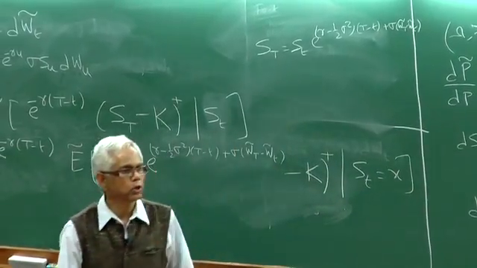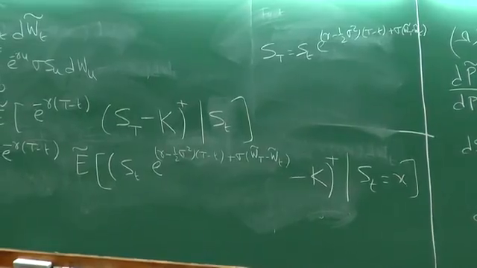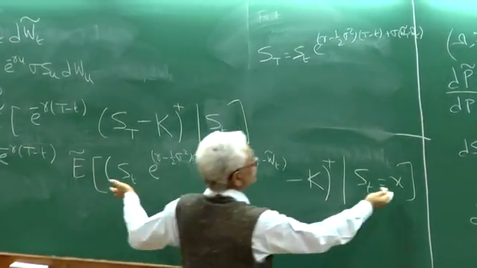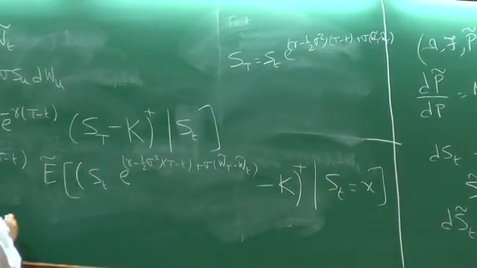I am assuming that the stock price is x. So this is no more a random variable because St is equal to x. So this is a given number, and what is that given number?